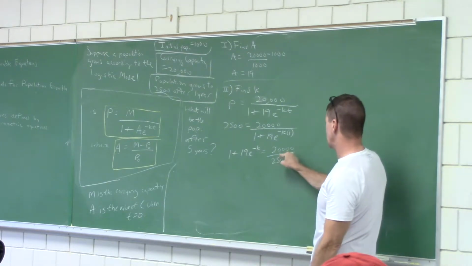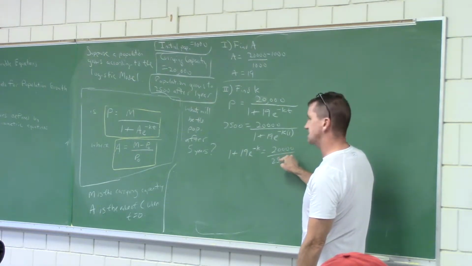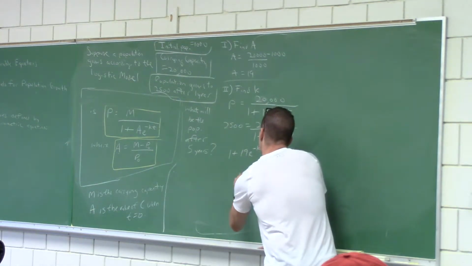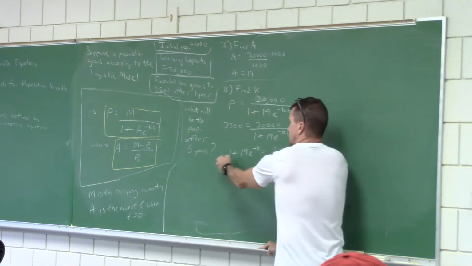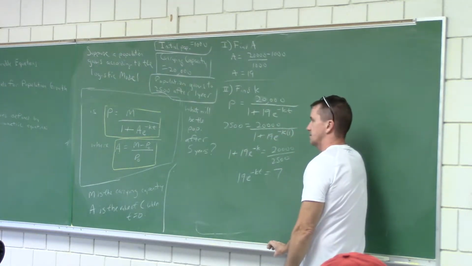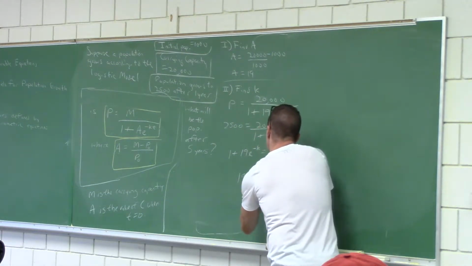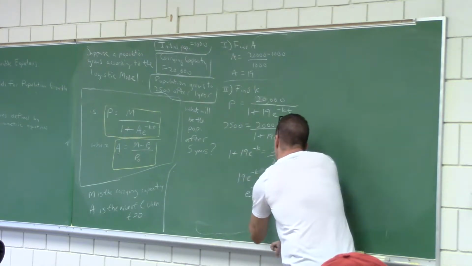Now what's that number? That's 8. 8 subtract 1 is 7. So when I got the 8, then I subtracted the 1. Getting better. Isolate e. That t's not there. e to the negative k equals 7 over 19.